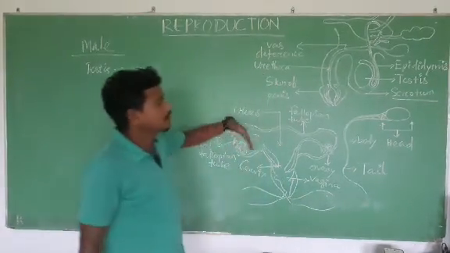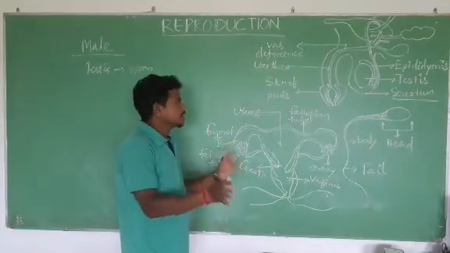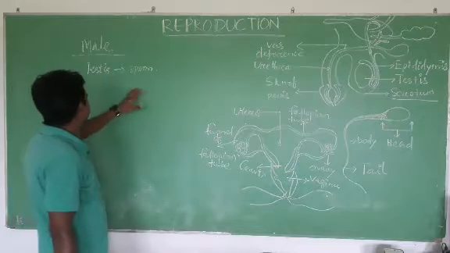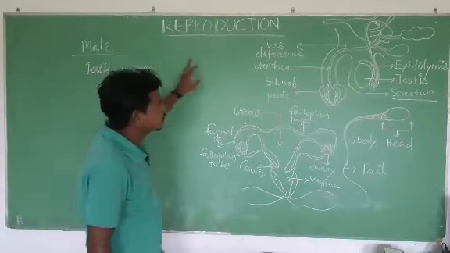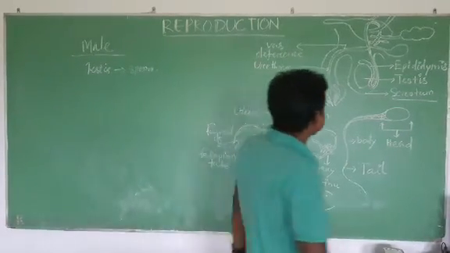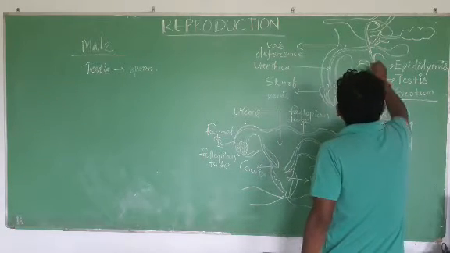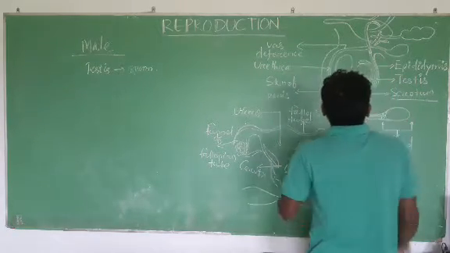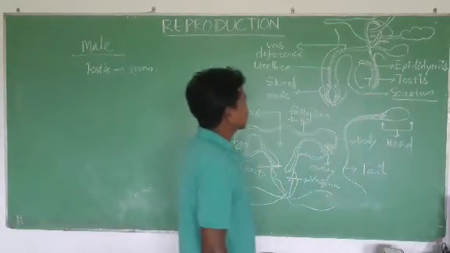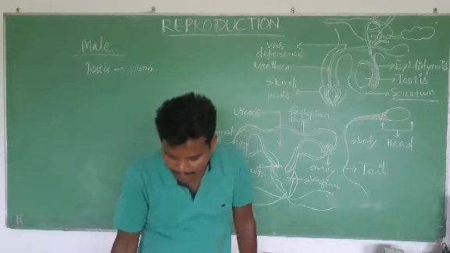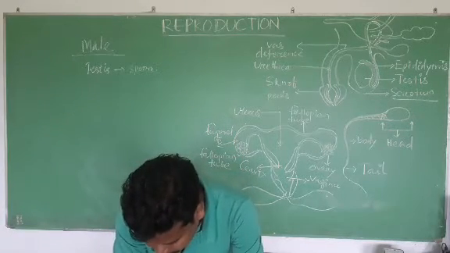We will discuss that in the coming videos. It produces sperm. Now, attached to the testis, you can see a small gland-like structure called the epididymis.